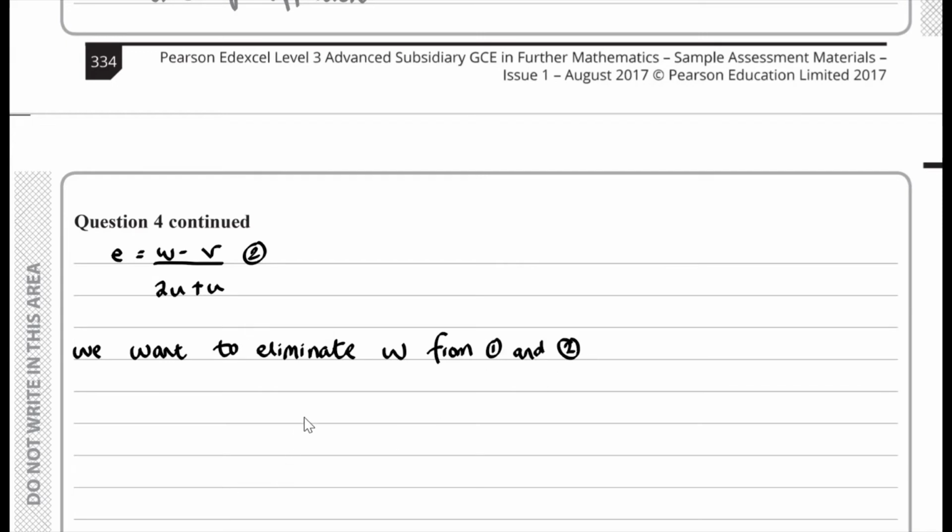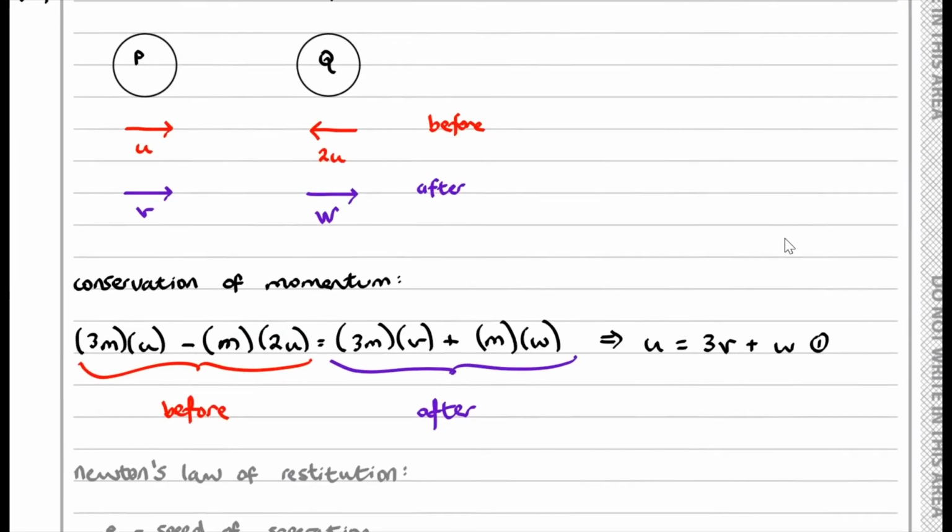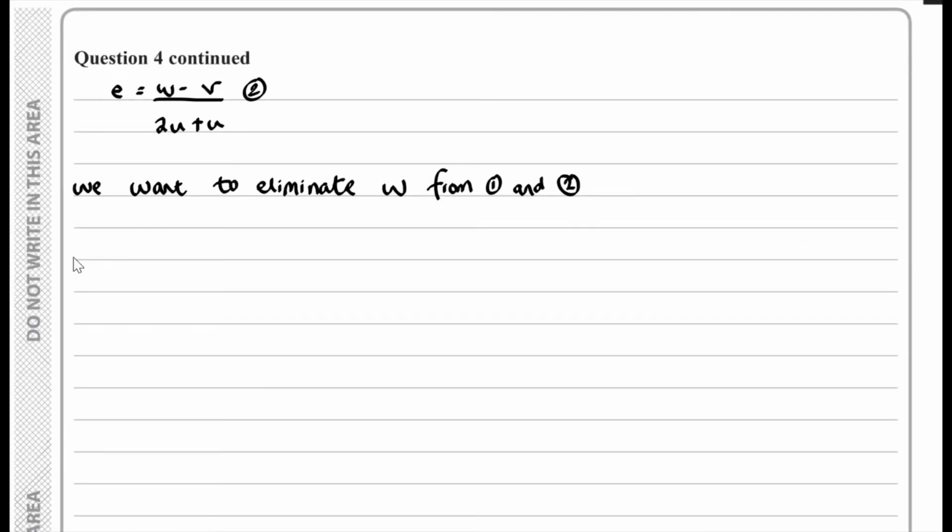So if we consider equation 1 and rearrange for W, you can see that W is equal to U minus 3V. And if we consider equation 2, we can rearrange.